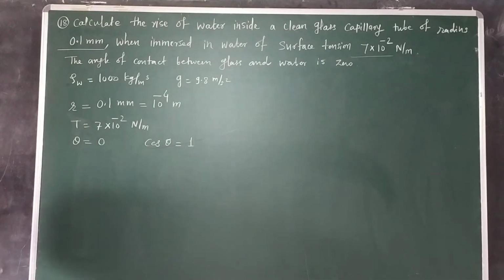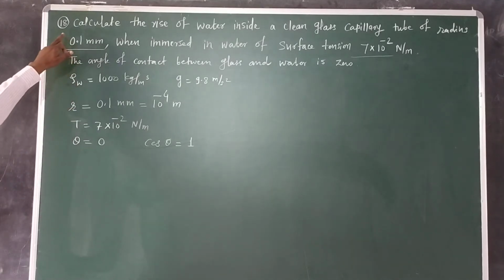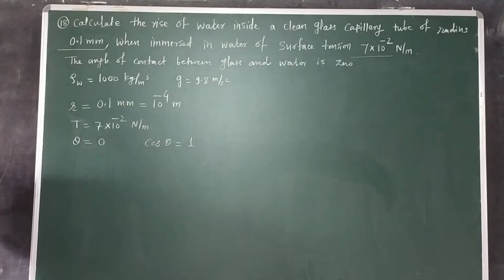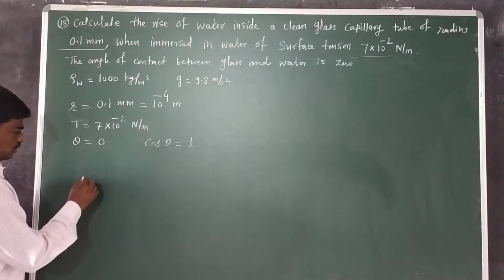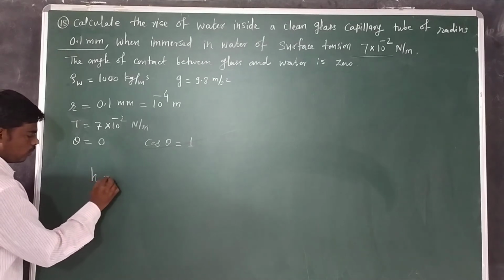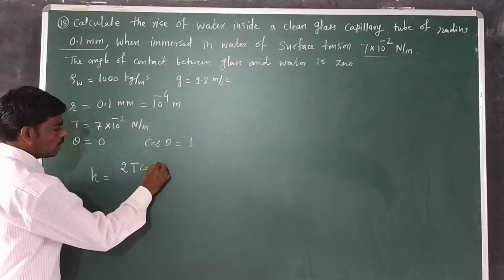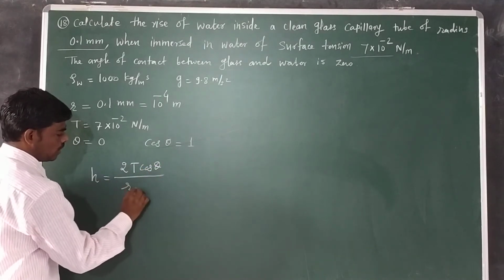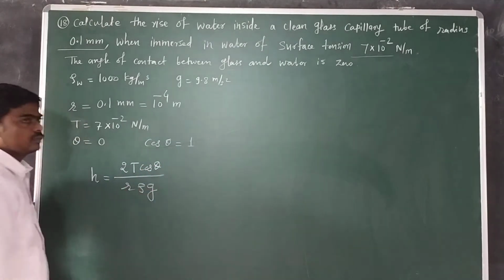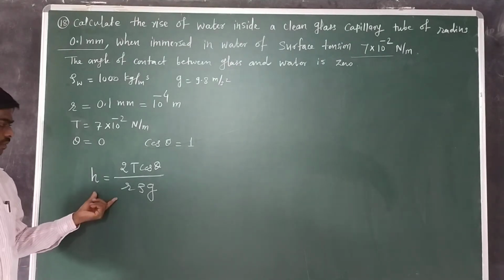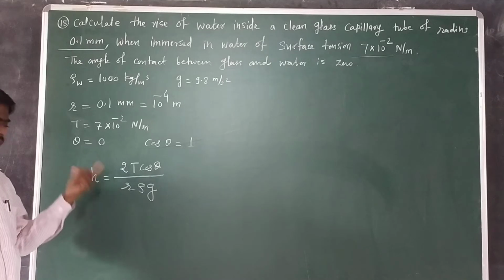So here we have to find out the rise of water inside the glass capillary. And for that purpose, from theory we can use formula h is equal to 2T cos theta upon r rho g. This formula is also called as ascent formula that we have derived in theory.